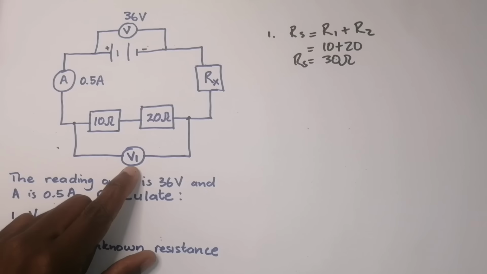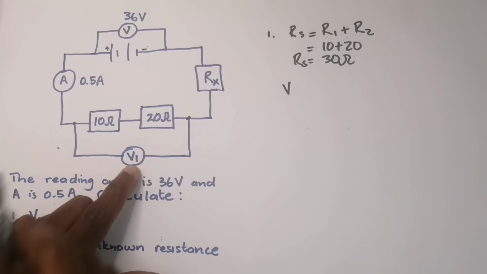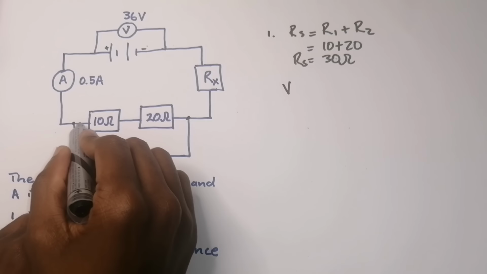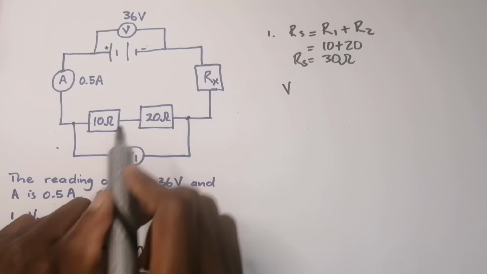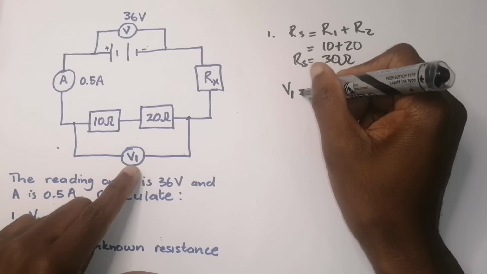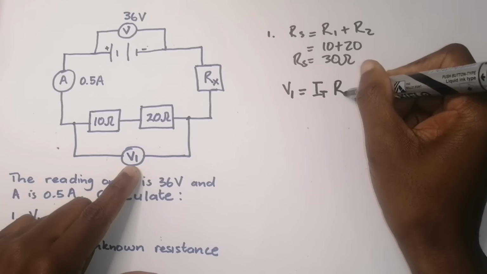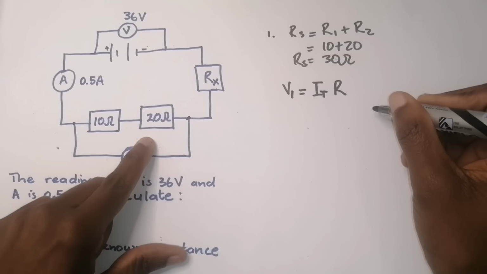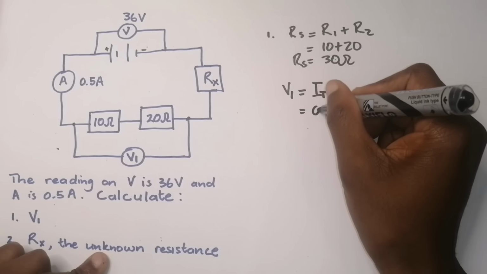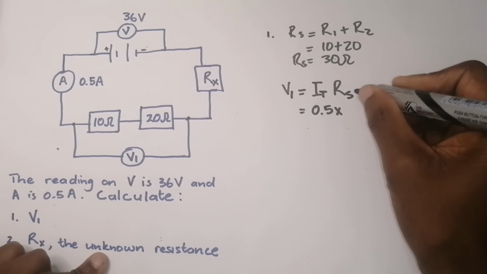But we're looking for V1. We know the current that passes through there, isn't it? The same current passing there will pass through both of those resistors combined. So V1 will be I total multiplied by our resistors in series, so this is 0.5 multiplied by RS.